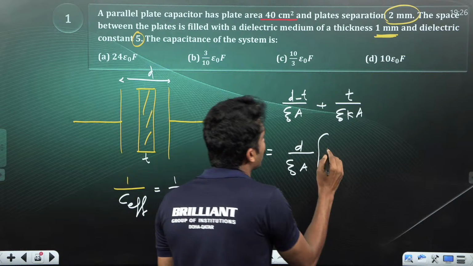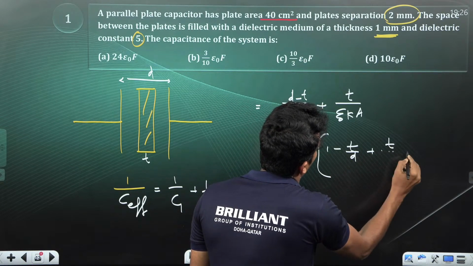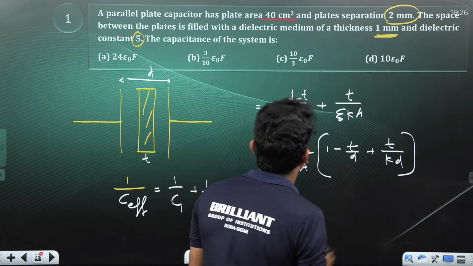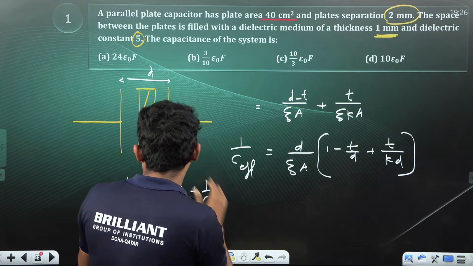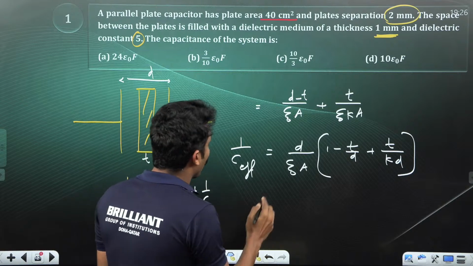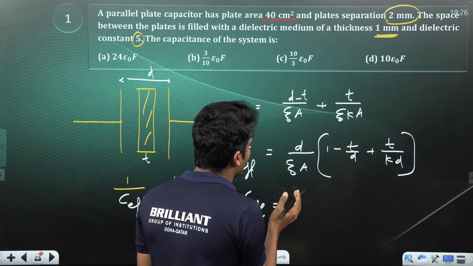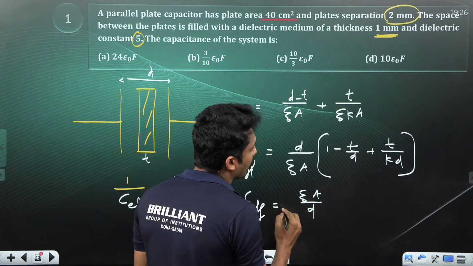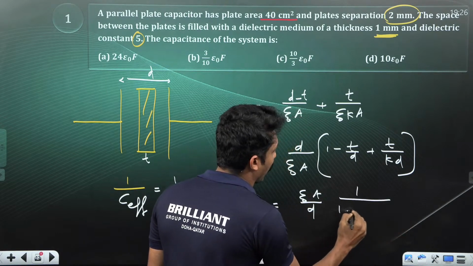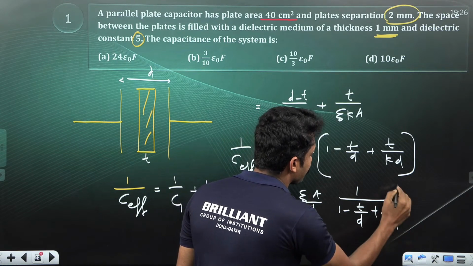Then we get 1 minus T by D plus T divided by KD. This is 1 by C effective of this combination. Taking the reciprocal, C effective is equal to epsilon naught A by D divided by 1 minus T by D plus T divided by KD.